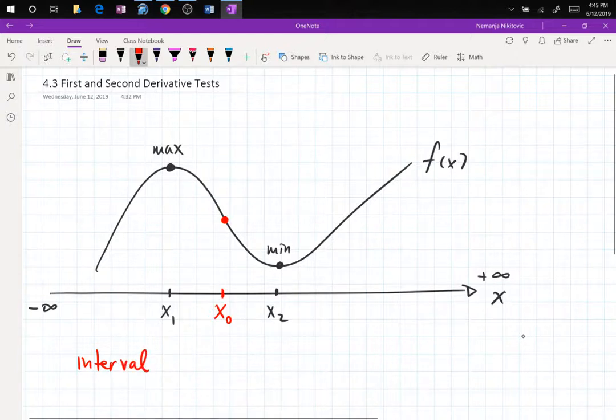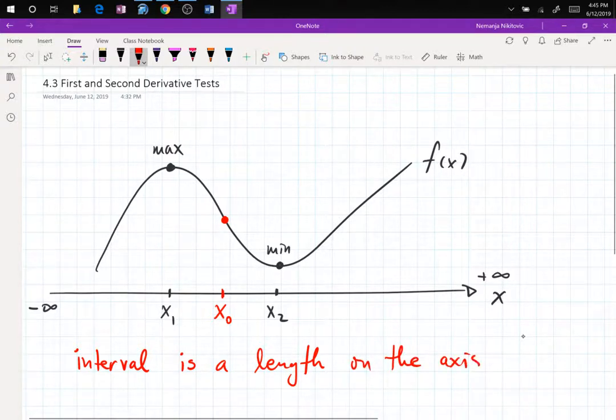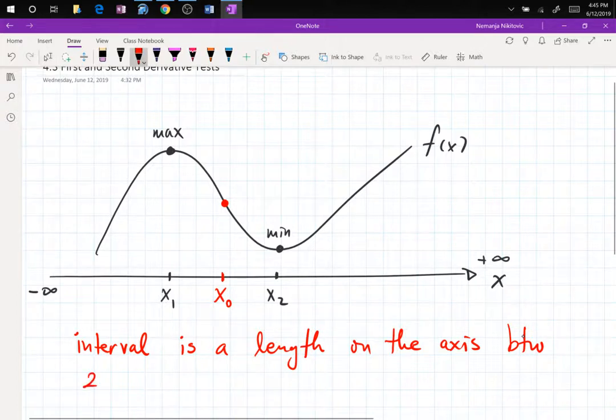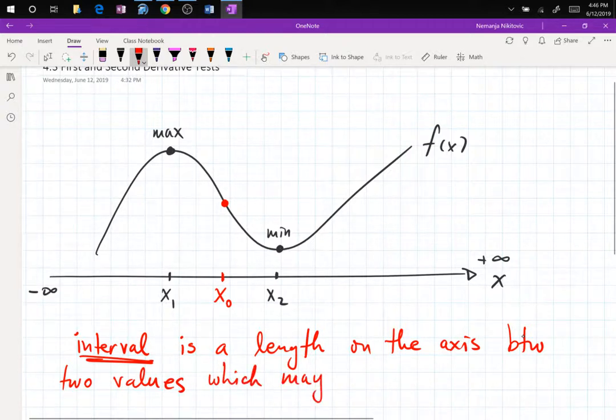An interval is a length on the x-axis between two values which may or may not include endpoints.